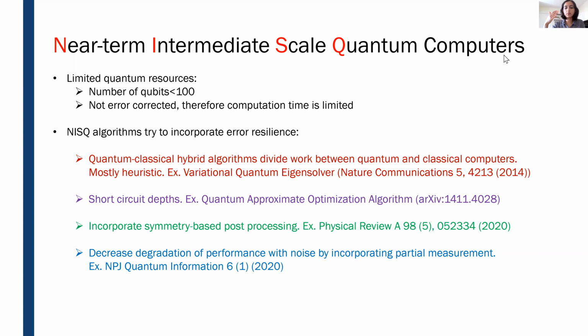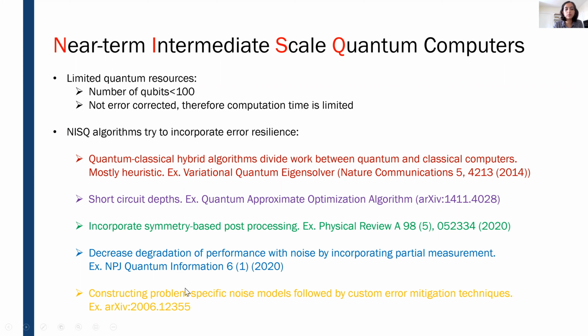If that mid-circuit measurement turns out to be in the wrong state, then you can stop the computation and start again. If you go to this reference, there's a very nice example of that.